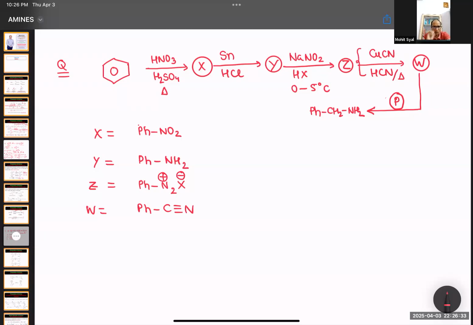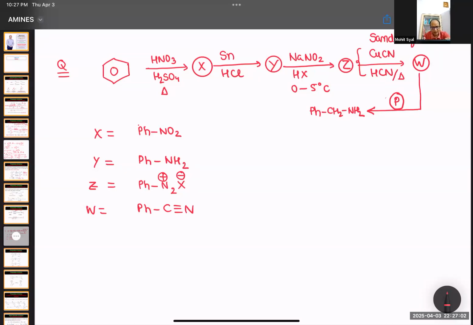But if you use copper salt and HX, that is Sandmeyer. If I would have written copper and HCl, heat, then it will be Gattermann. It is also used to put bromine and chlorine on the benzene.